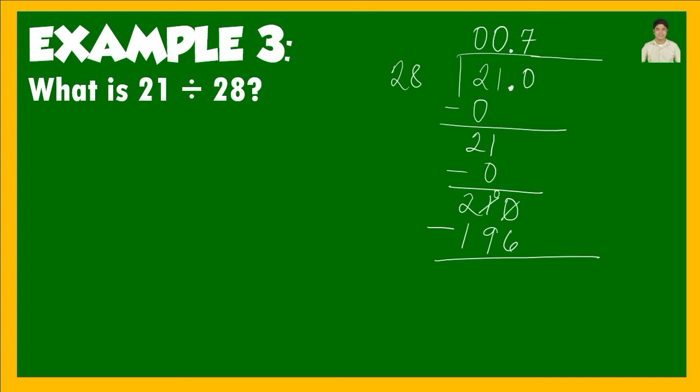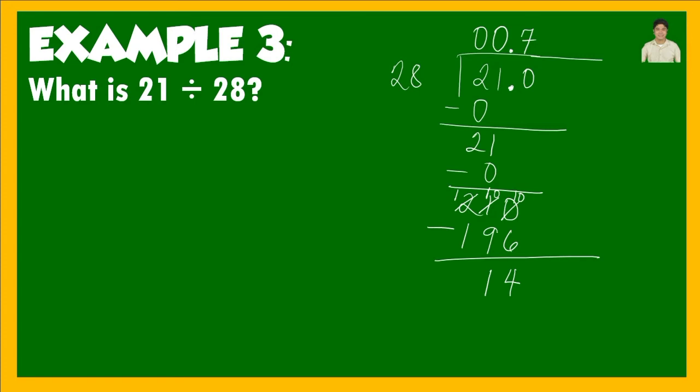Etong 0 magiging 10. 10 minus 6, 4. 0 minus 9 cannot be. So manghihiram tayo dito. Sa 2, magiging 1 to. And then yung 0 magiging 10. 10 minus 9, that is 1. So we'll have 14. Kasi 1 minus 1 dito, 0. So 14 na lang. And then divided by 28 cannot be.